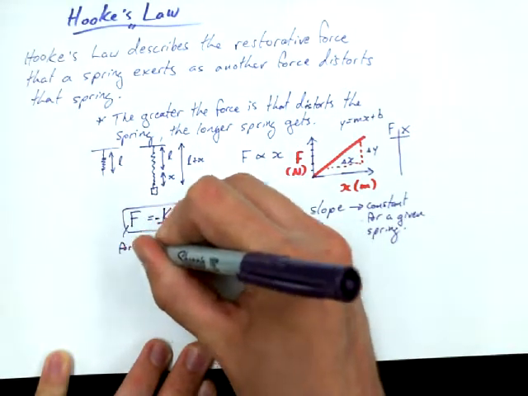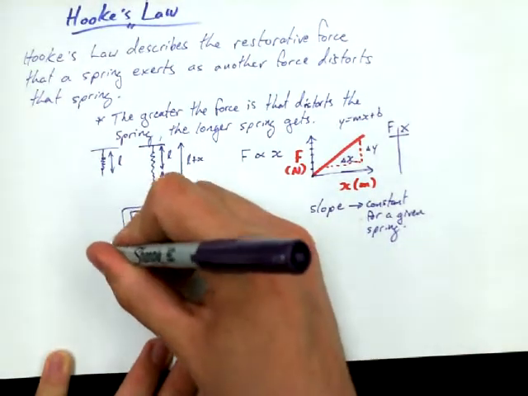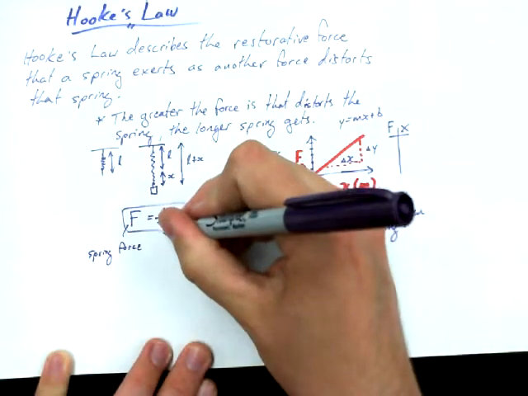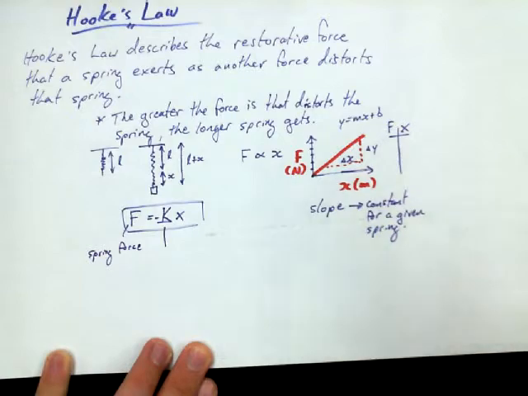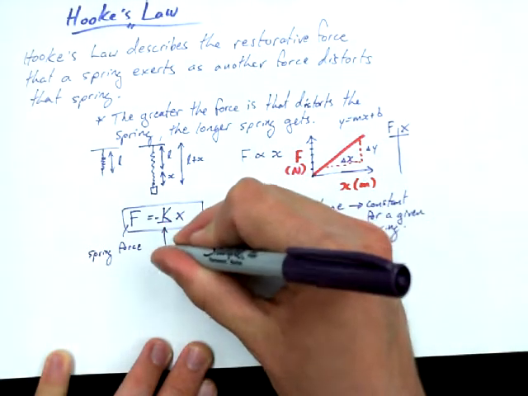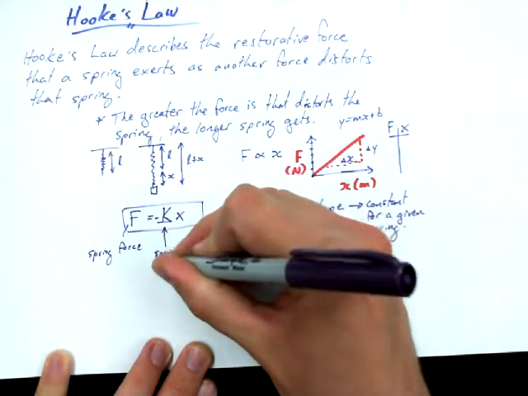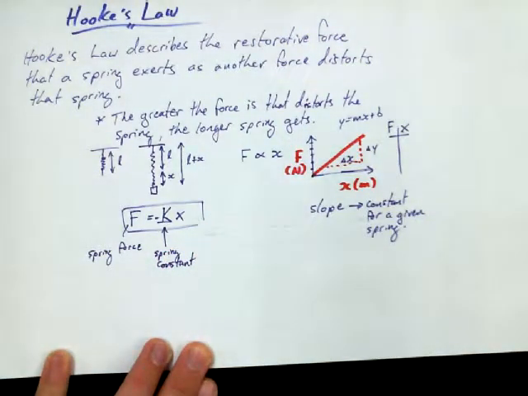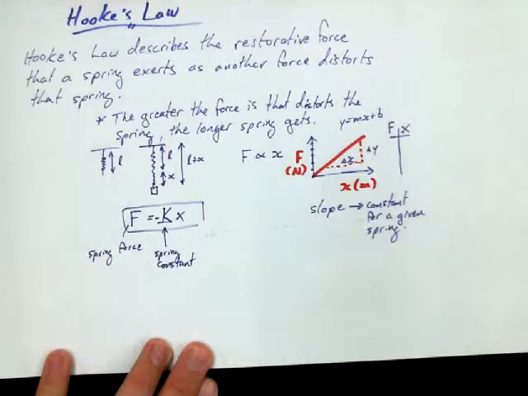Force, we could even say that it's a spring force, is equal to a spring constant, which is just the slope that we just talked about, and every spring has its own spring constant, because every spring has a characteristic slope.